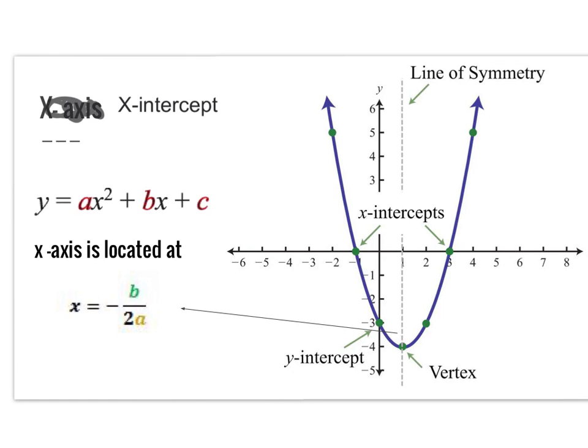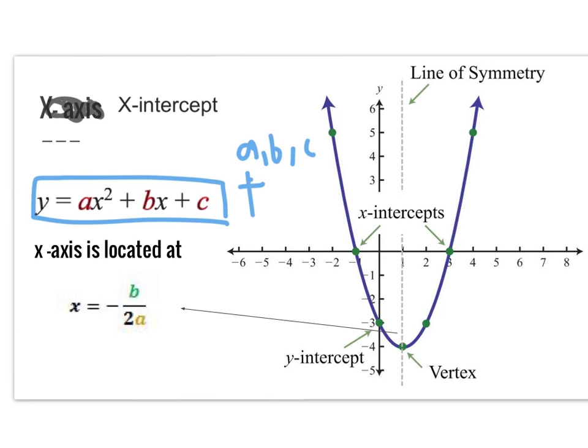So we have our standard form over here, y equals ax squared plus bx plus c once again. And just remember, a, b, c could be any number. There's a very special characteristic about a parabola.